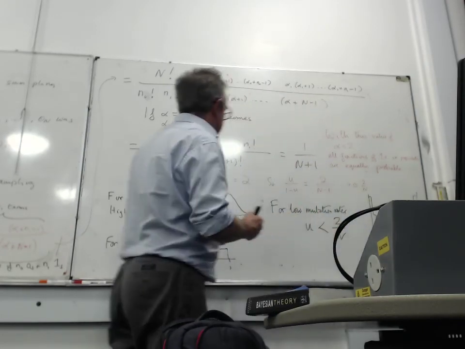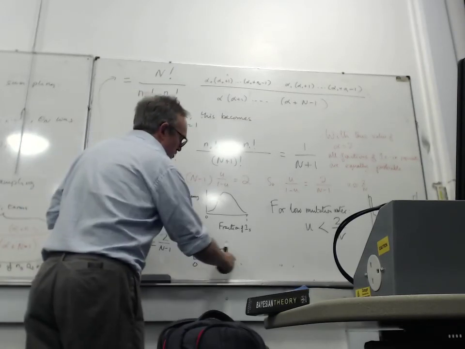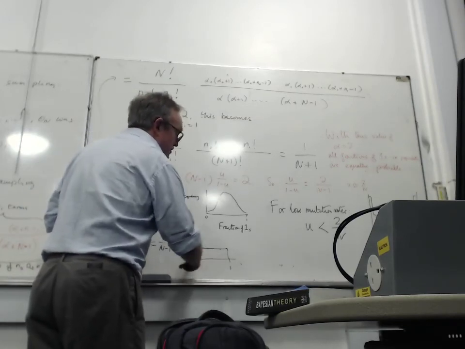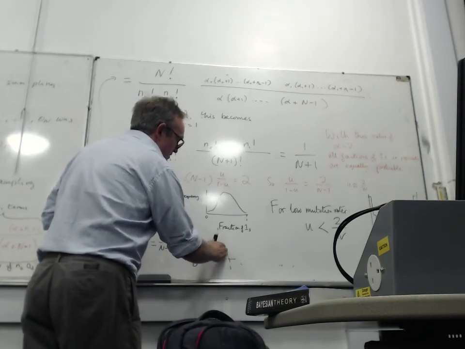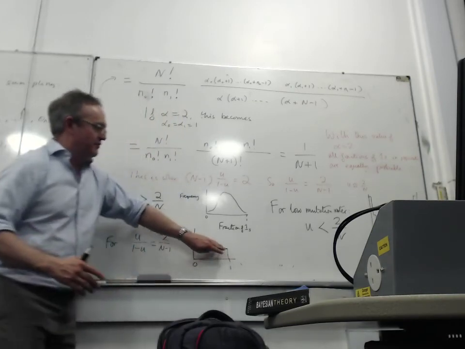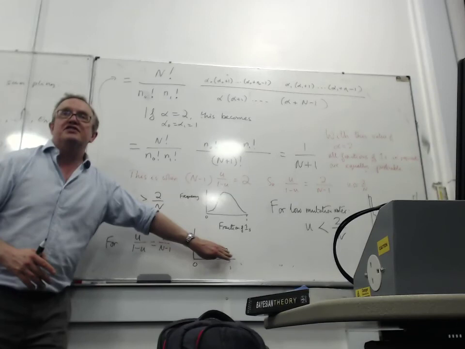That's the mutation rate at which your equilibrium distribution, you can have any number of zeros with no selection. The probability of any fraction of zeros or ones in the population is the same.